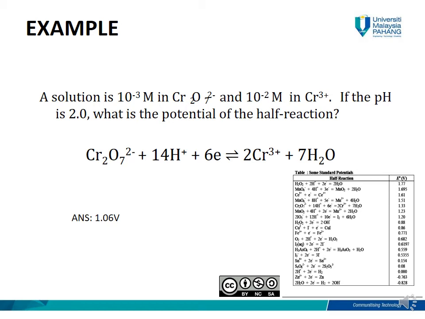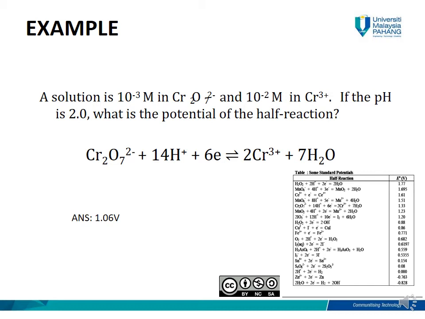Okay, now let's look at this example. The solution is 10 to the power of minus 3 molar in chromium ion and 10 to the power of minus 2 molar in chromium ion. If the pH is 2, what is the potential of the half reaction? So when you have this reaction, you need to identify whether it is a reduction or oxidation.